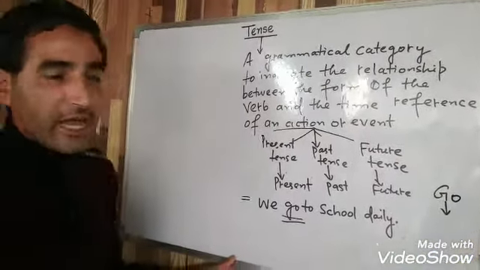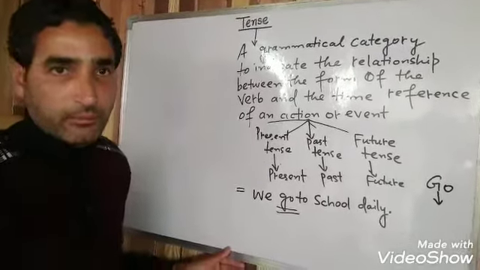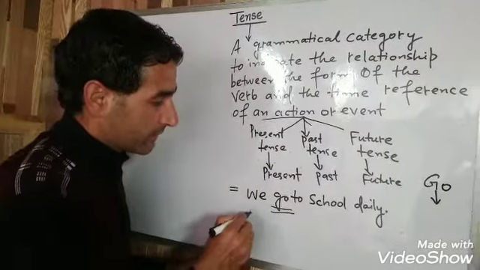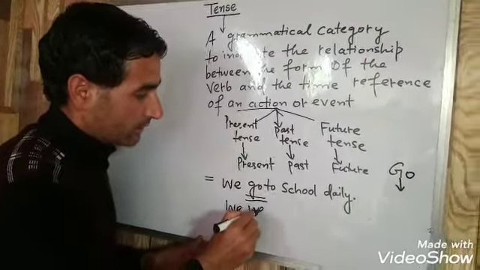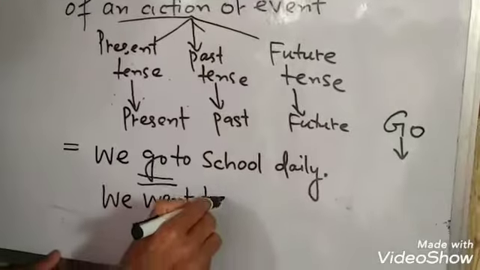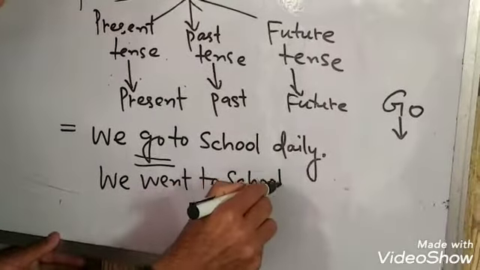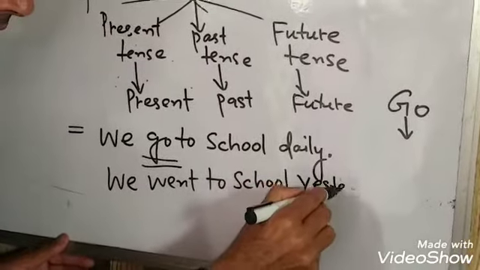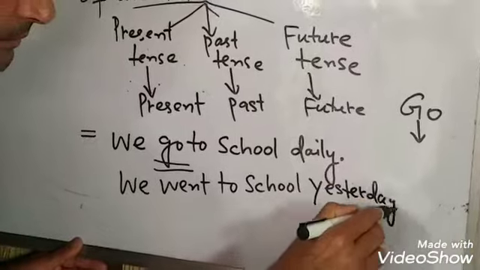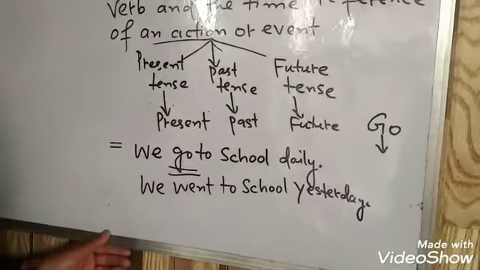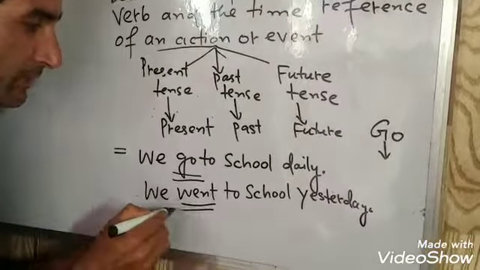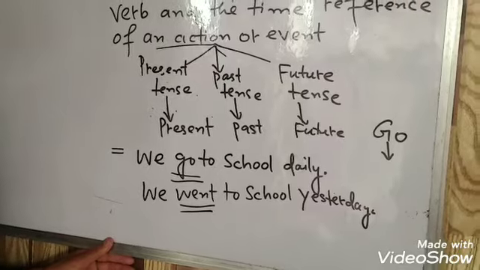Now if I want to change this into past form, I can write, for example, we went to school yesterday. Now go is the present form and went is the past form of this verb go.